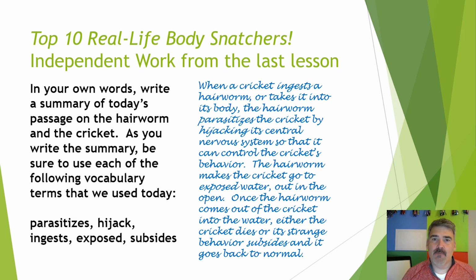Once the hairworm comes out of the cricket into the water, either the cricket dies or its strange behavior subsides and it goes back to normal. Was your response something like that? Now, it could have been different, but I hope you got those words in there and remembered some of those interesting details about how the hairworm takes advantage of the cricket.